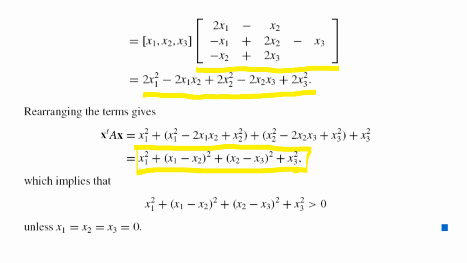This result is greater than 0 unless x1, x2, x3 all are equal to 0. Hence, we conclude that the given matrix is positive definite.